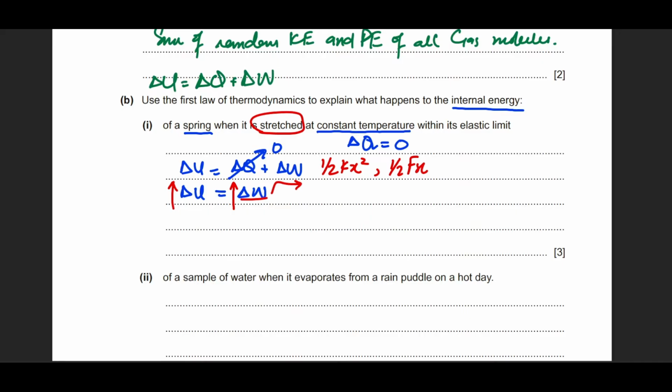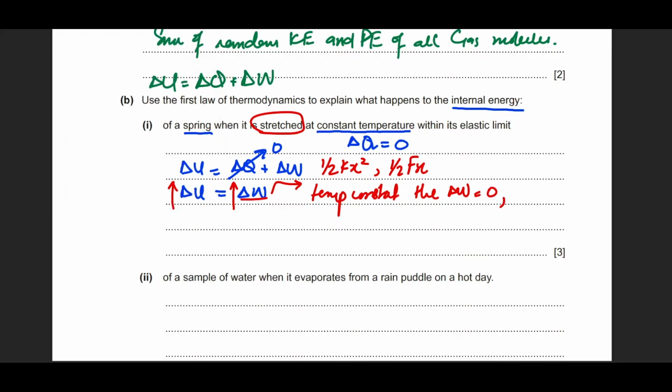So this is what we have to justify in terms of statements now. You mentioned that there is no exchange of thermal energy. So because the temperature is constant, you will write down, since the temperature is constant, delta Q becomes equal to 0. You will write this down, everything in English.